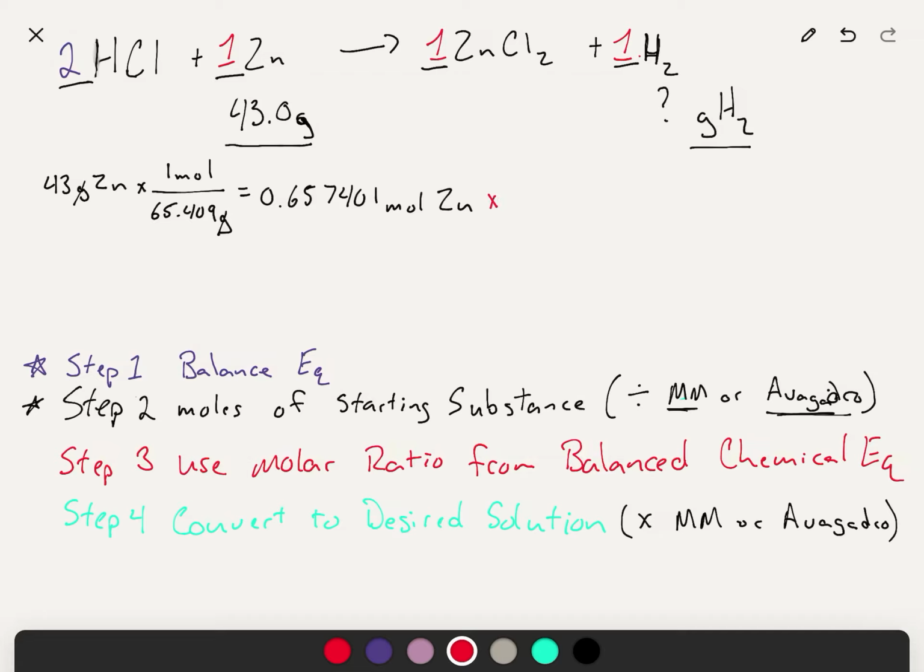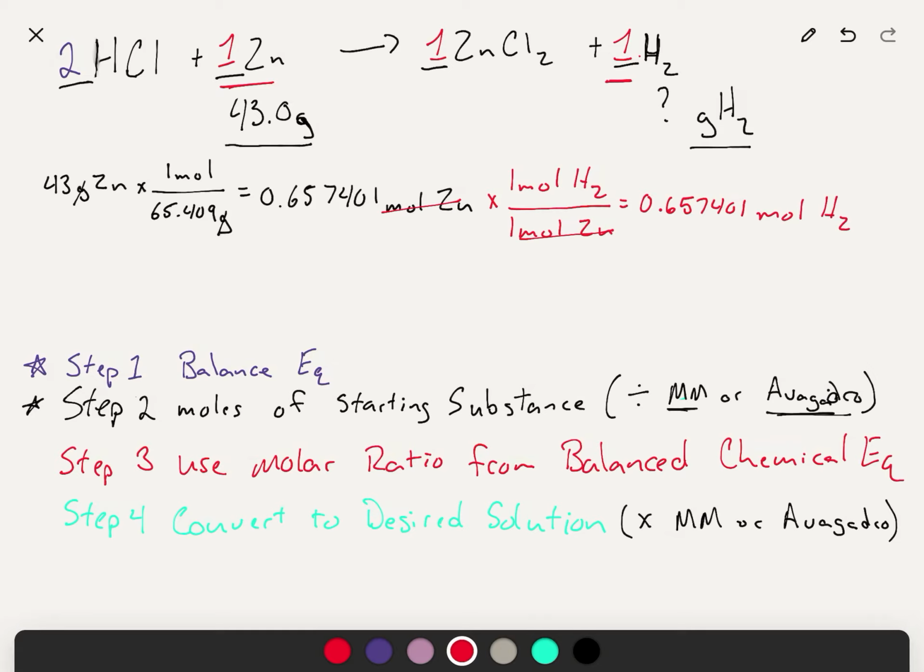So we will multiply by 1 mole of H2, which I get from here, over 1 mole of zinc, which I get from here. Obviously if you multiply by 1 divided by 1, you're going to get the same number. The only thing that changed is we got rid of our moles of zinc, and now we have moles of hydrogen gas.